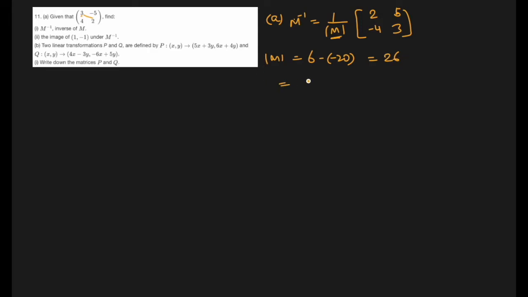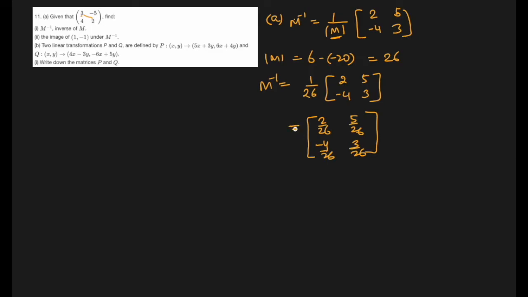So we get 1 over 26, that is the inverse. 2 5 minus 4 3, or if you want to write it, you can write like this: 2 over 26, 5 over 26, negative 4 over 26, and 3 over 26.